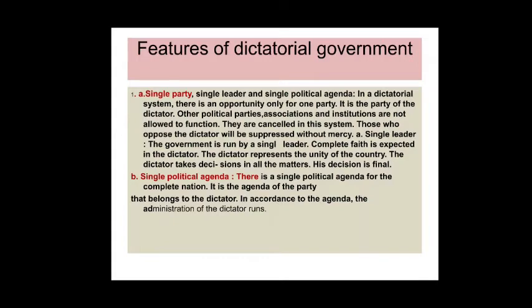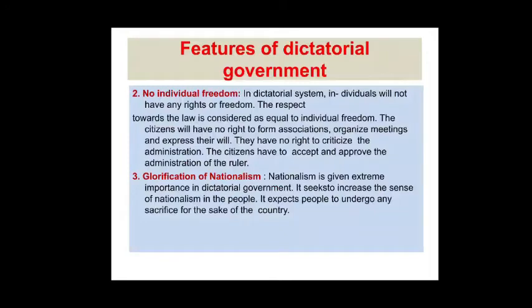There is a single political agenda for the complete nation. It is the agenda of the party that belongs to the dictator. So that person alone prepares the agenda, rules, and holds all the responsibility. In accordance with the agenda, the administration of the dictator runs.